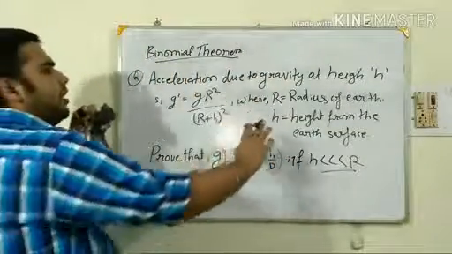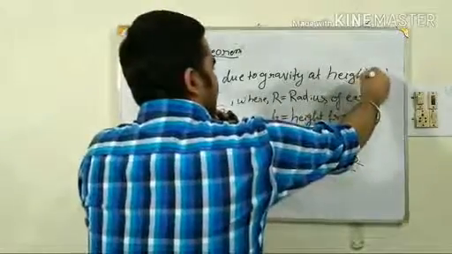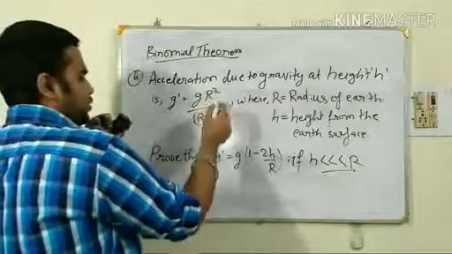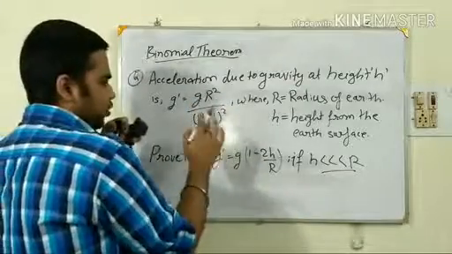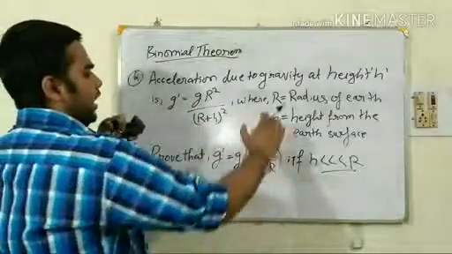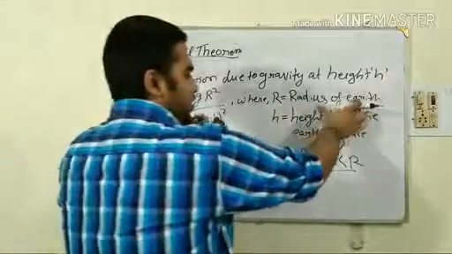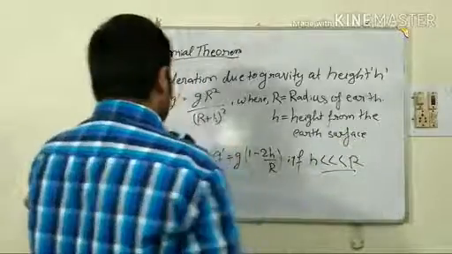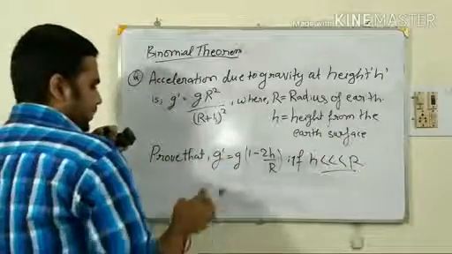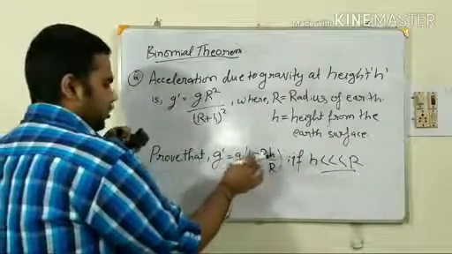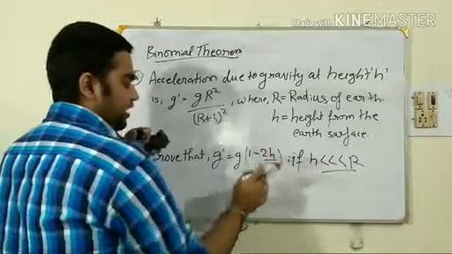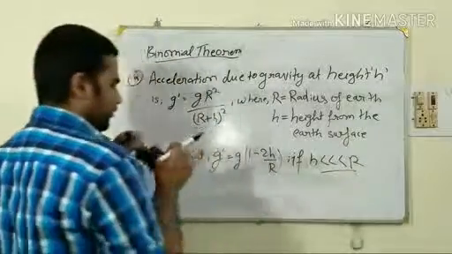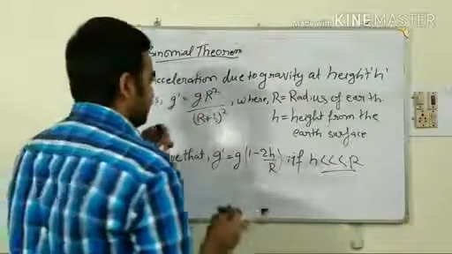Acceleration due to gravity at height h is g dash equal to g capital R square upon R plus h whole square, where capital R is the radius of Earth and h is the height from the Earth's surface, and we have to prove that g dash is equal to g into 1 minus 2h upon R if h is very less than R. We will use the binomial theorem to prove this expression.